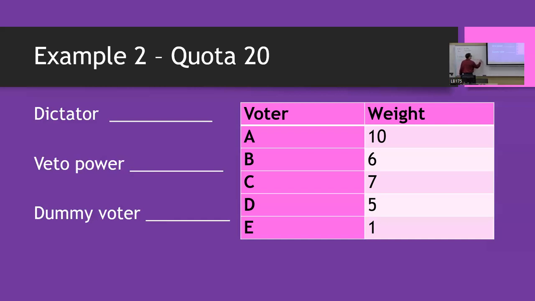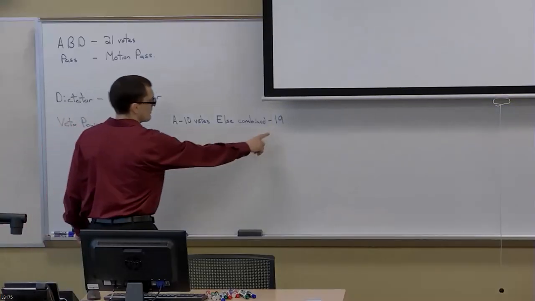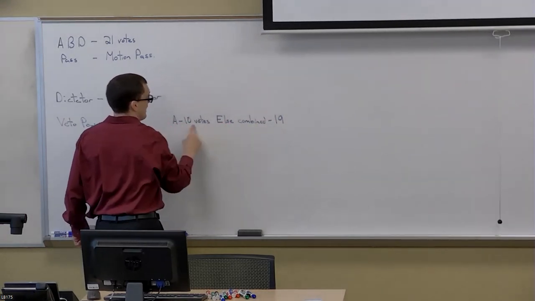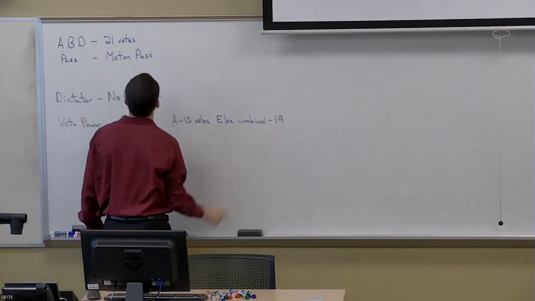Everyone else together has 19. So if everyone else together cannot add up to the quota, if A votes against, the max everybody else can get is 19.